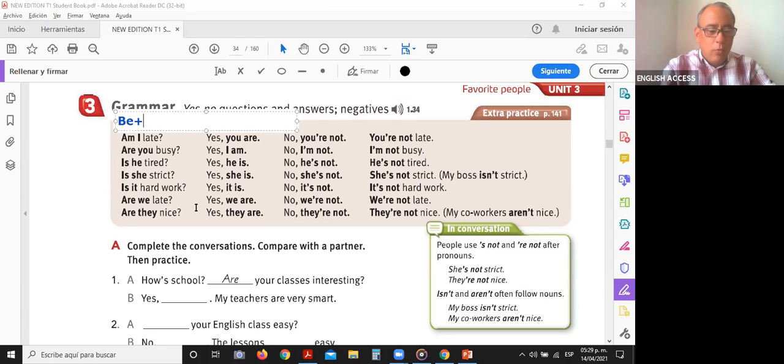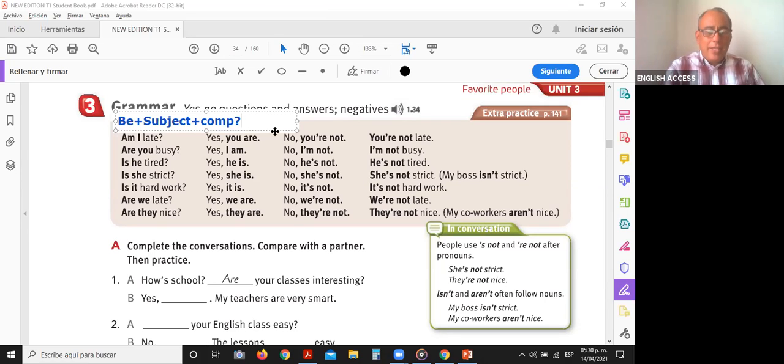After the verb be, we have the subject, meaning the person that we are asking for. So it's be plus the subject plus a complement, and then the question mark. It's very important to use a question mark. So this is like the formula to create a question.